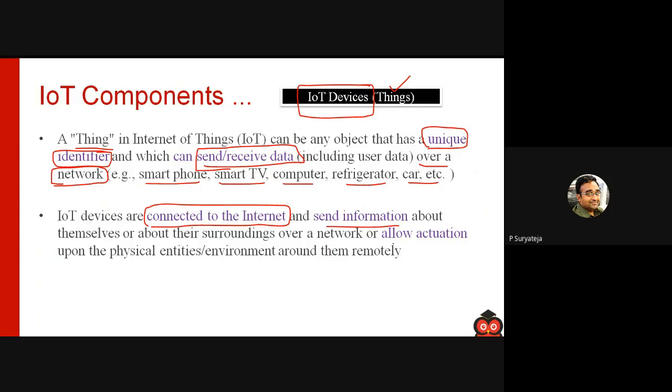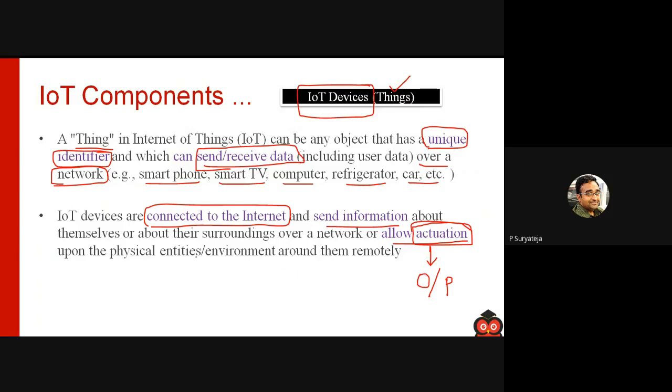And these devices also provide actuation. So in the first unit, I have discussed actuation or actuators, right? So this thing is like output. Sensing is input and actuation is sort of output.